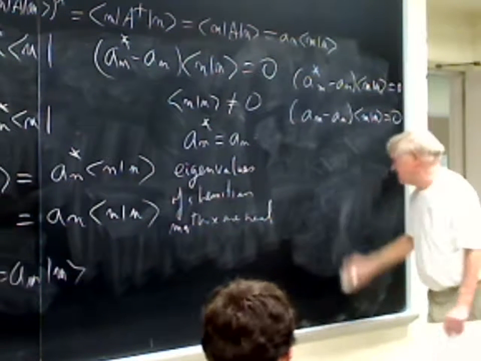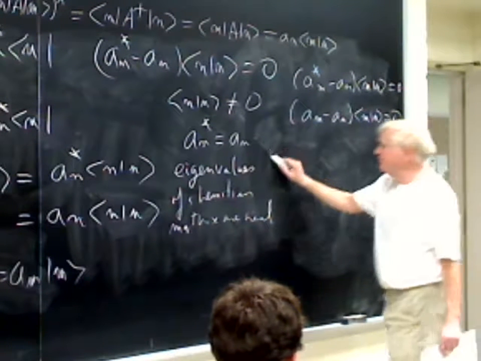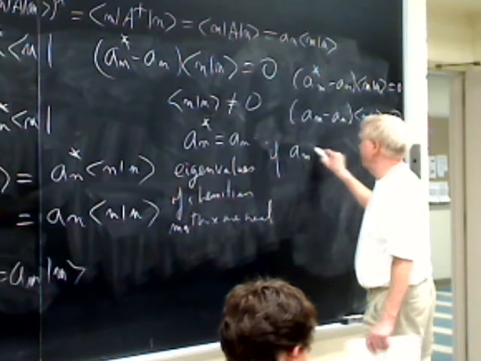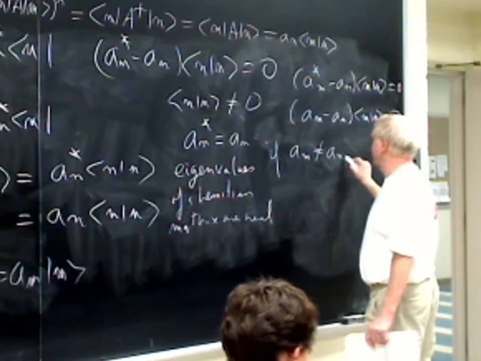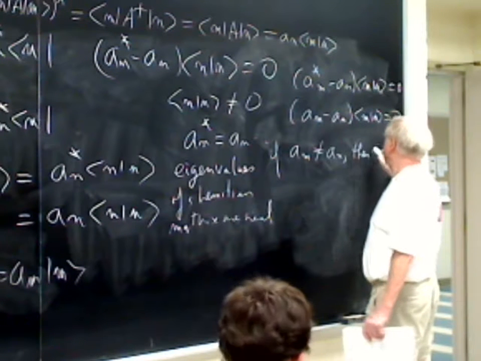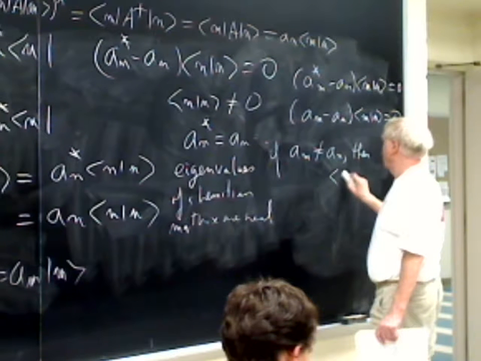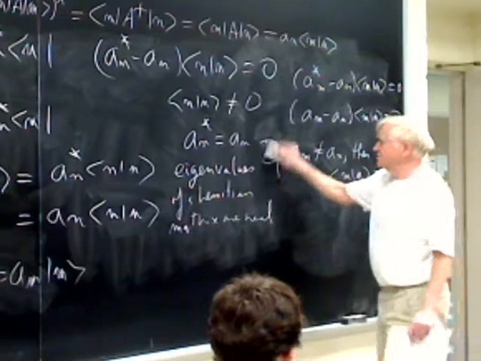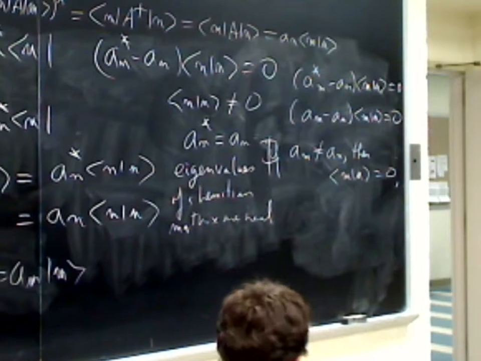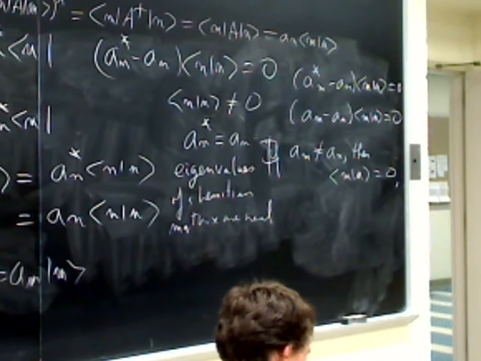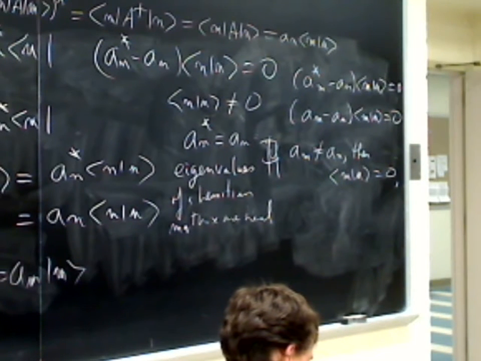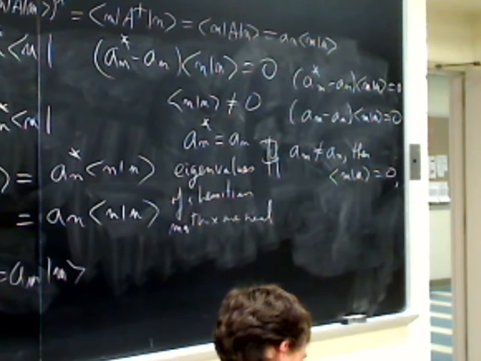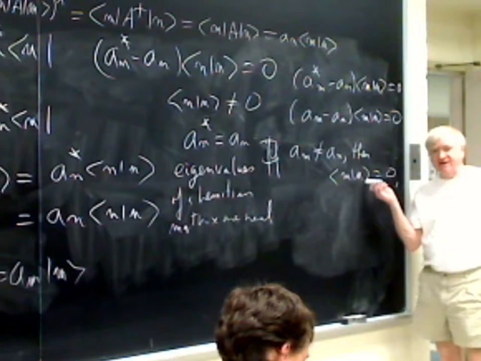All right, well, this tells us then that if a_m is not equal to a_n, then m and n are orthogonal. So that's what we've derived. So we have two eigenvectors of the Hermitian operator A. Then if the eigenvalues, which are real, are different, the eigenvectors have to be orthogonal.